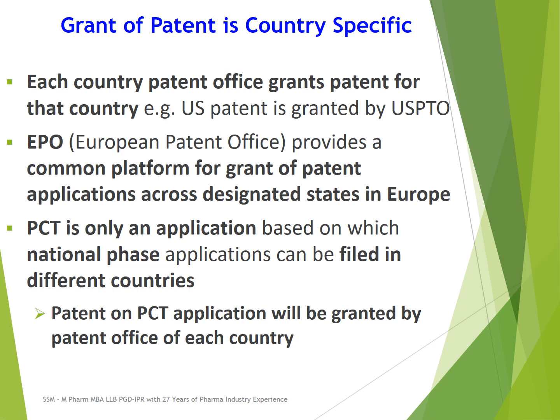PCT is only an application based on which national phase applications can be filed in different countries. WIPO, or World Intellectual Property Organization, never grants any patent. They only facilitate the filing of patent applications internationally in all countries. And a patent based on a PCT application will be granted by the patent office of each country.